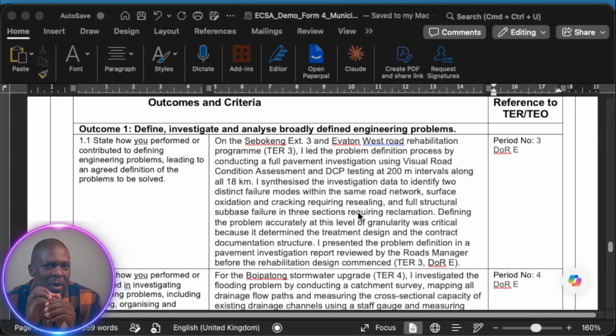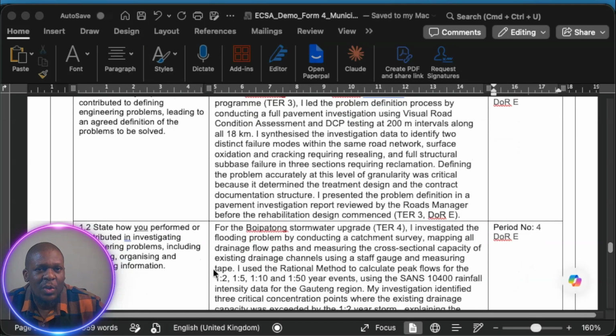In this example, I said rehabilitation design. It might not necessarily be a design. A design might be in the form of developing a solution, or design might be in the form of performing calculations. So you have two options in terms of developing or designing a solution.